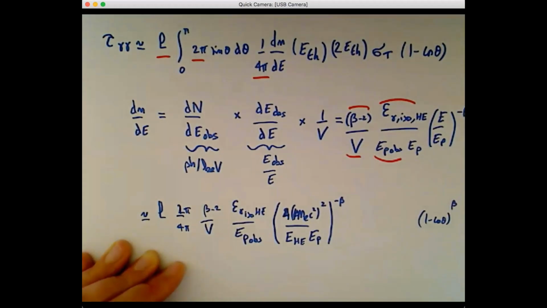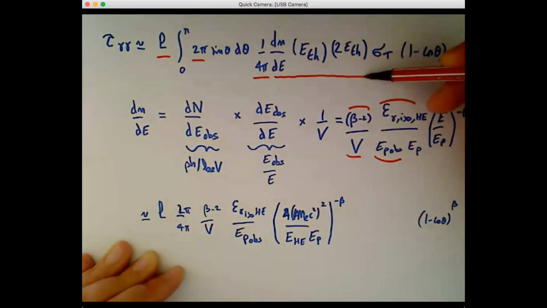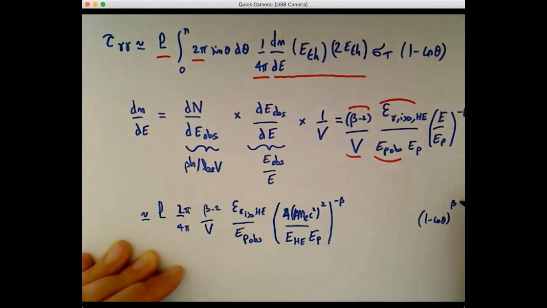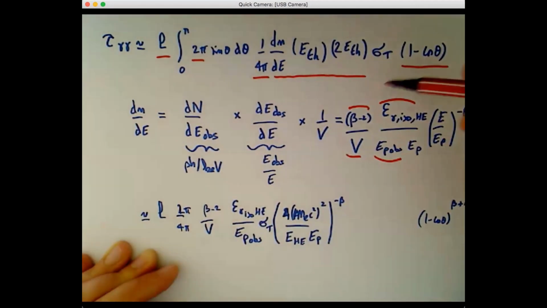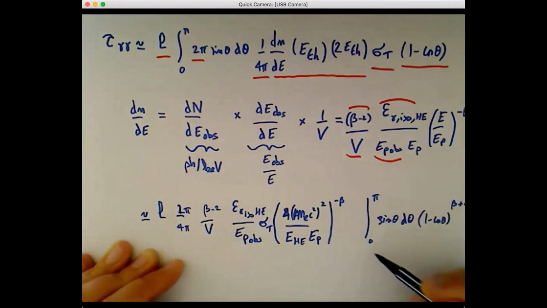Okay. So I have done that. I should add this term here. I have, of course, my cross-section here. And finally, my integral. And this is just a number.